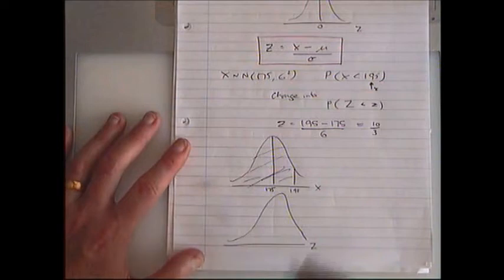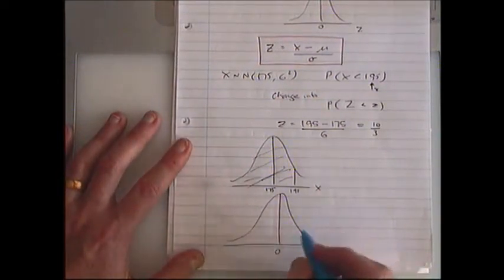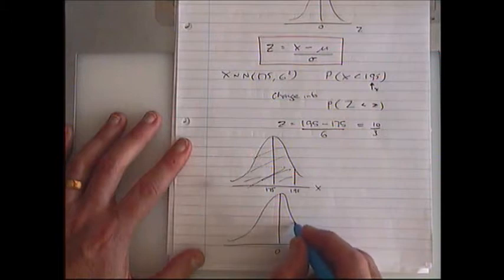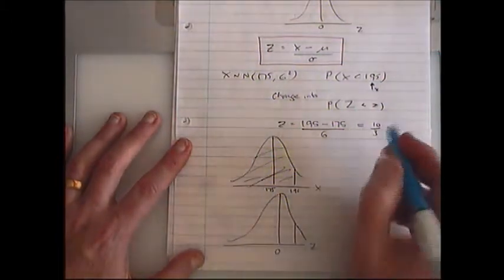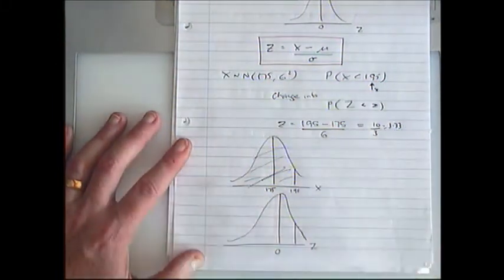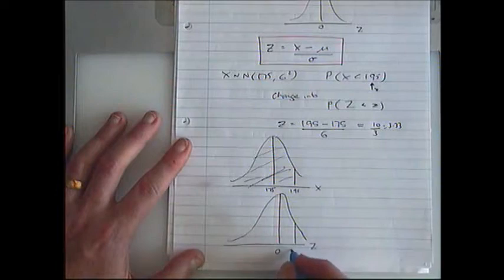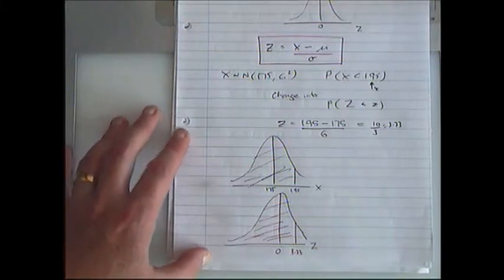I converted this into a Z diagram with a mean of 0 and I'm interested in 10 over 3, which is 3.33. So on this new curve, I'm interested in this area here, and those areas are the same.